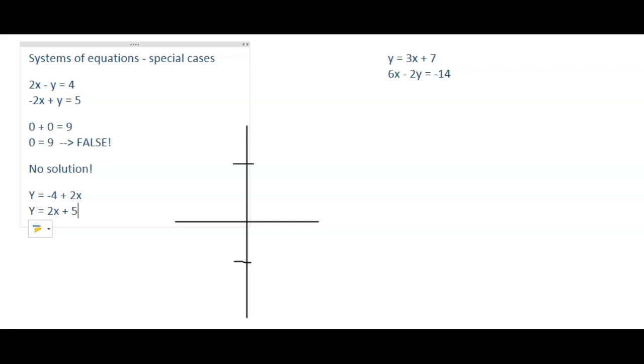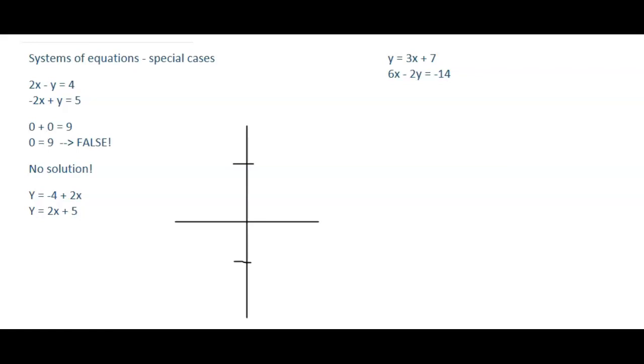If you think back when we talked about equations of lines, the slope of my top line is 2, the coefficient of the x. The slope of my bottom line is also 2. When I have two lines that have the same slope, that tells me my lines are parallel. Well, if I'm looking for the intersection point and my lines are parallel, I'm going to be looking for a really long time because parallel lines don't intersect.